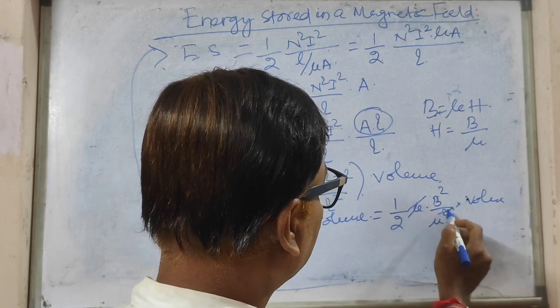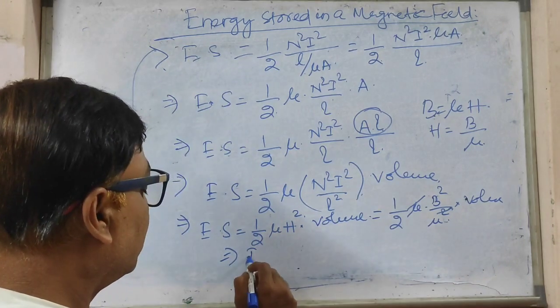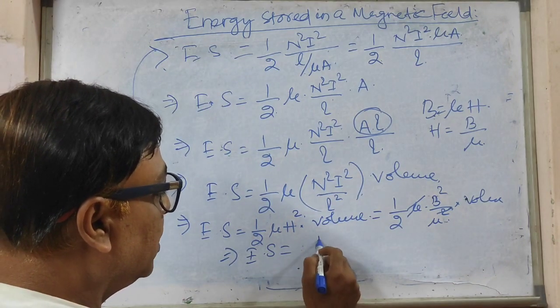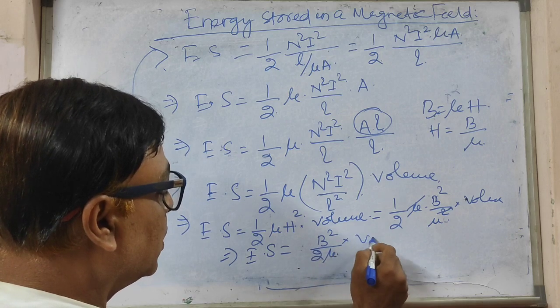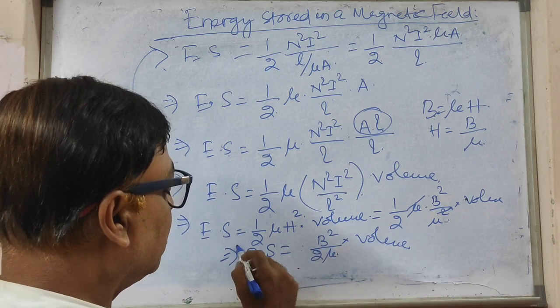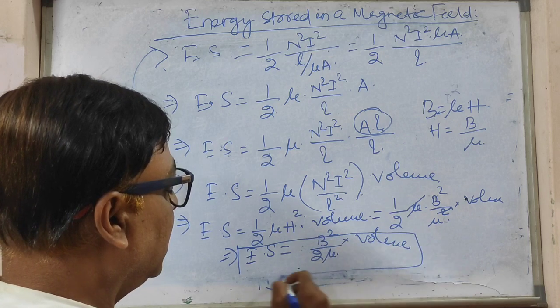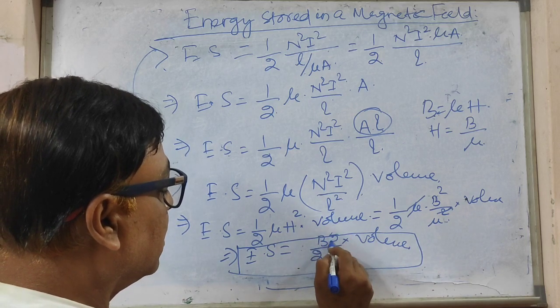So mu square gets cancelled, and the energy stored is equal to B square by 2 mu into volume. This is the energy stored in the magnetic field or in the inductor.